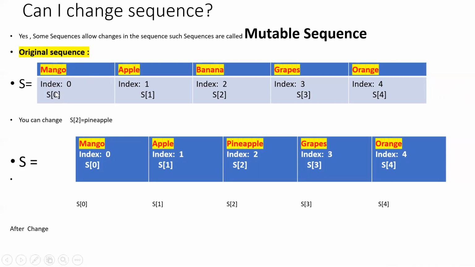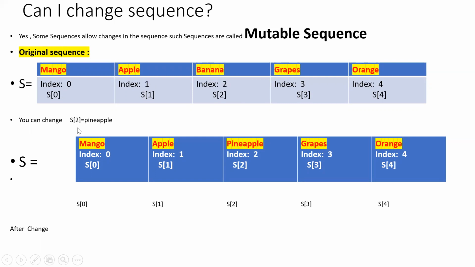The first item's index is always 0, so if you want to access mango, you have to write print of S of 0. The name of the sequence is followed by the subscript notation, and inside it you write the index number. Now, if you want to access banana, the index name is S and the index number is 2. So S of 2 will give you the value banana.